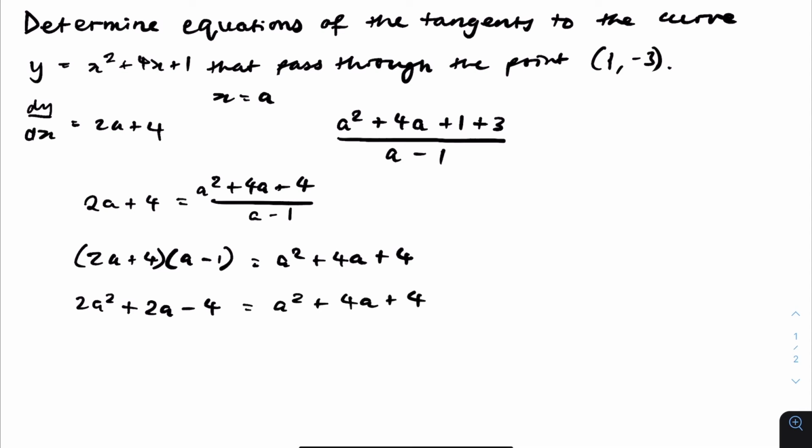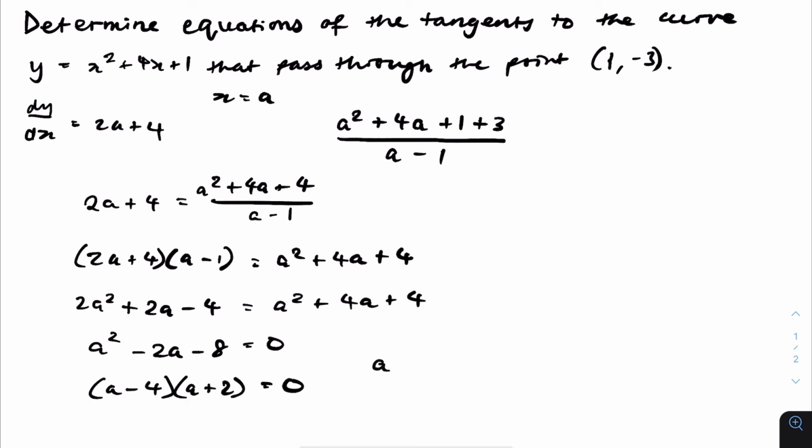And then we can bring everything to one side, which gives us a squared minus 2a minus 8, which is equal to 0. And we factor it, which gives us a minus 4 times a plus 2, which is equal to 0. So our two values of a are 4 and negative 2.